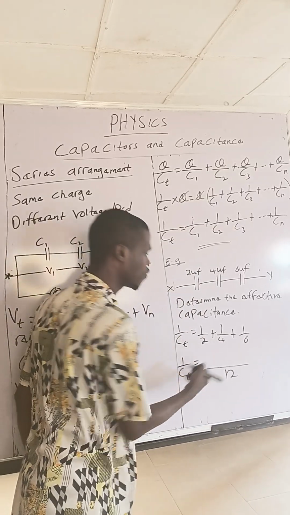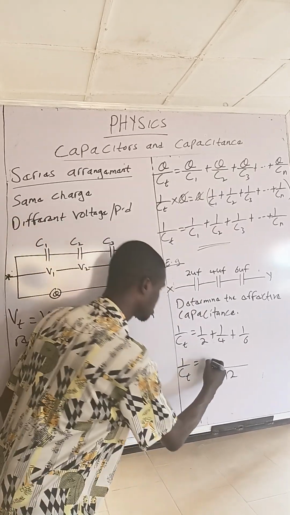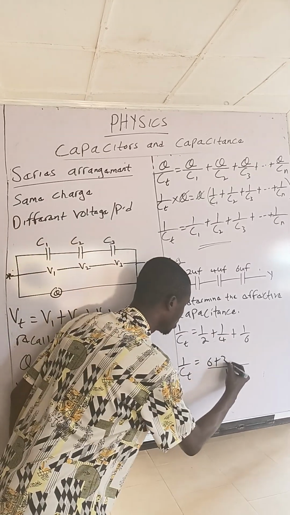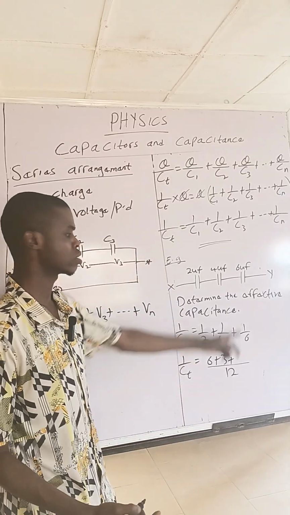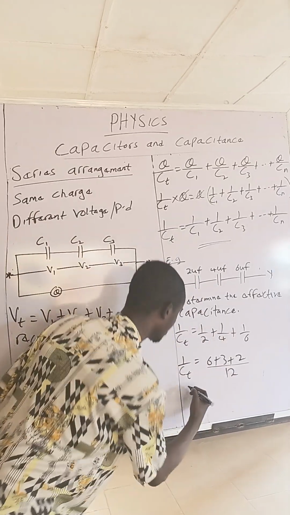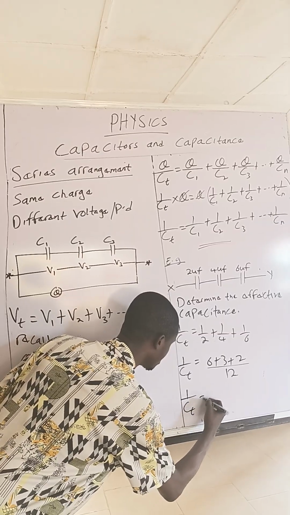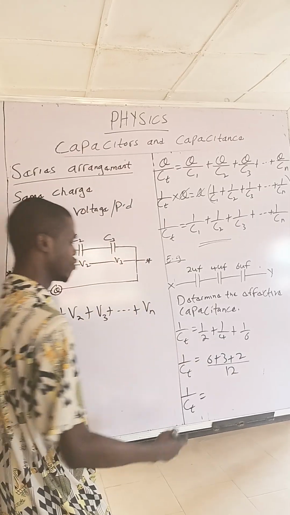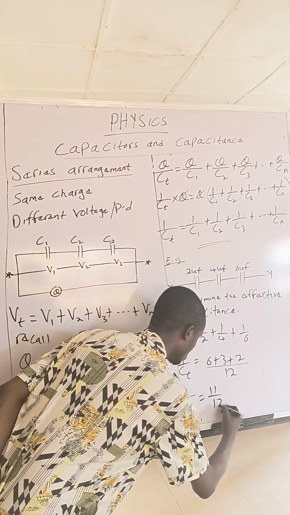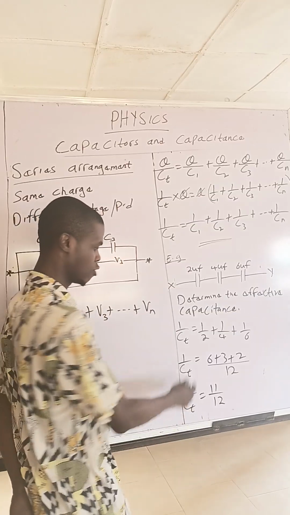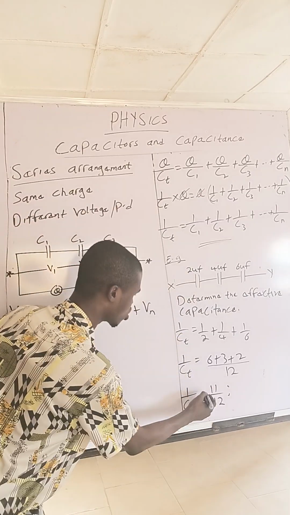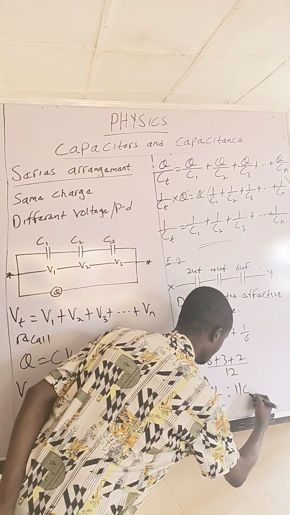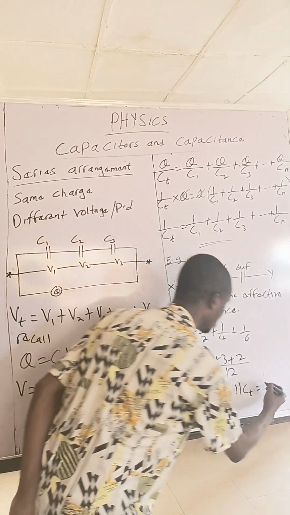So 2 in 12, 6 times 1, 6; 4 in 12, 3 times 1, 3; 6 in 12, 2 times 1, 2. So you can now see 1 over C total equals 6 plus 3, 9, 9 plus 2, 11, 11 over 12. So from here you can cross multiply. So C total times 11, that is 11 C total equals 12 times 1, 12.